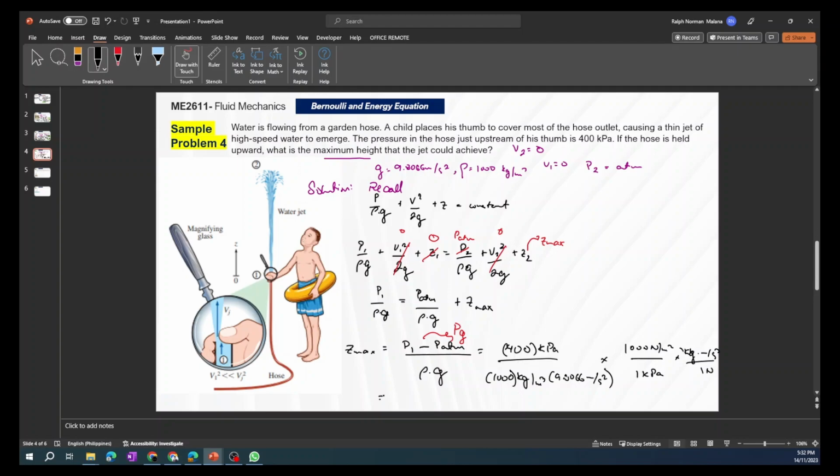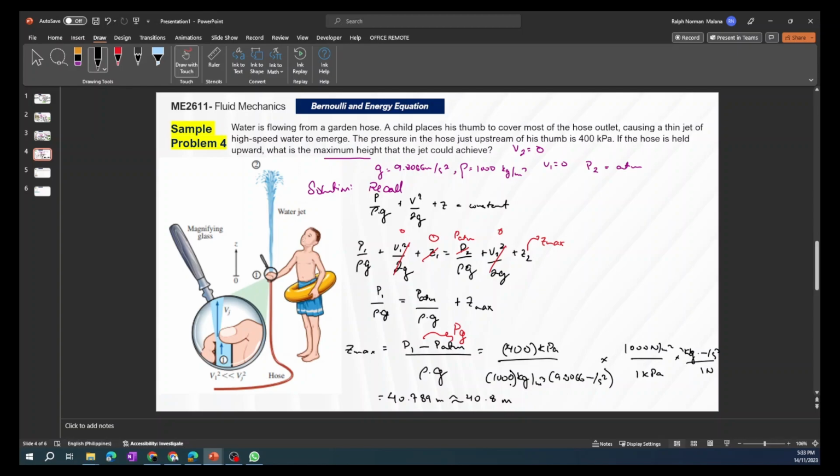So the answer here is going to be 400 divided by 1000 times 9.8066 times 1000. That'll be 40.79 on my end, 40.789 meters, or roughly 40.8 meters.